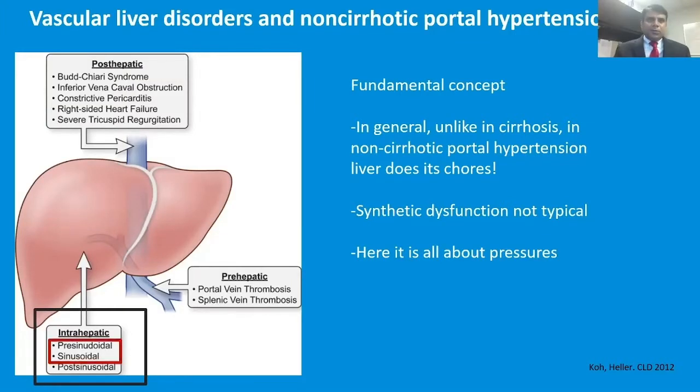And this is where we will focus today, pre-sinusoidal and sinusoidal vascular components. Non-cirrhotic portal hypertension has gone by many names over the years, like nodular regenerative hyperplasia, non-cirrhotic portal fibrosis, obliterative portal venopathy, which we are going to focus on a lot today, and recently more standard terminology, which is portosinusoidal vascular disease.